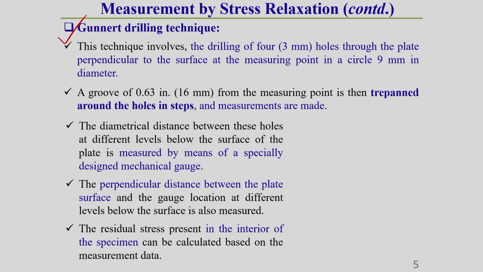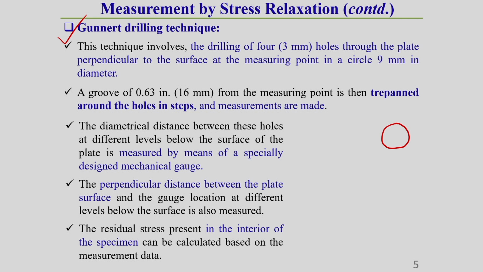How does it look? For this technique, I am going to show the different steps we generally follow. In this technique we make four drilling holes.